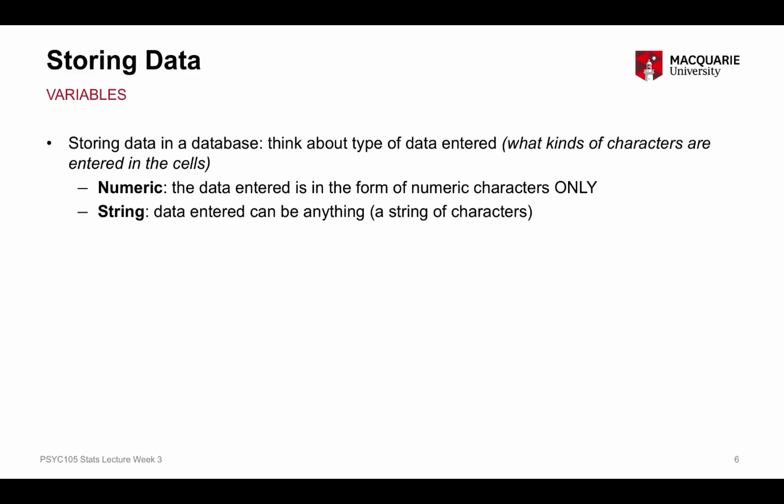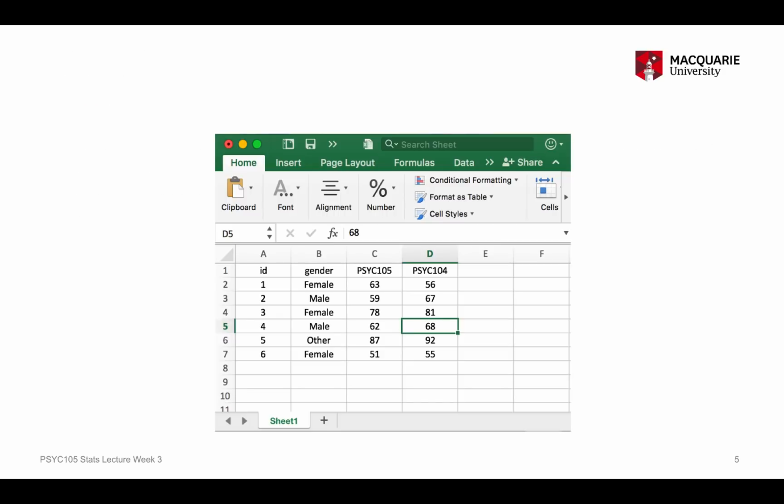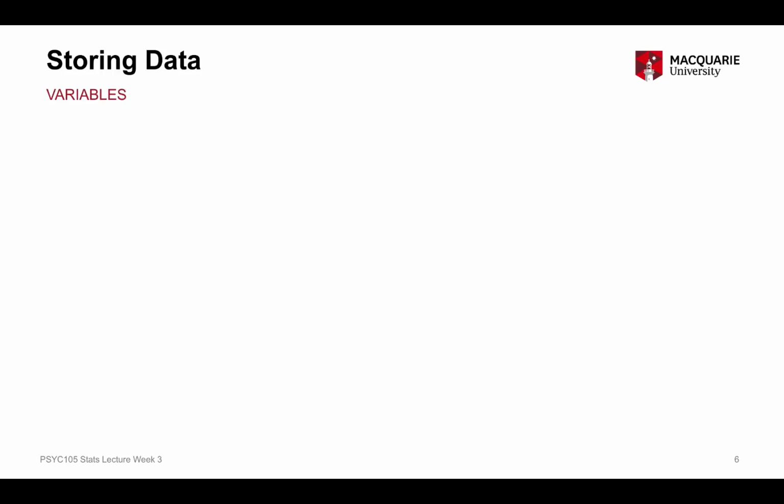So numeric type variables are very specifically only numbers. String variables are anything. Going back to my Excel spreadsheet, you can see that our gender variable is a string variable because there's text entered into the cells. I've got the words female, male, and other. Whereas ID, PSYU1105, and PSYU1104 are numeric type variables because only numbers are entered into the cells.